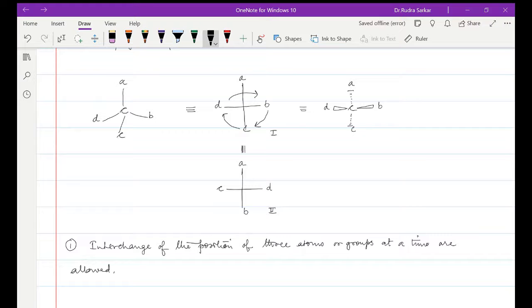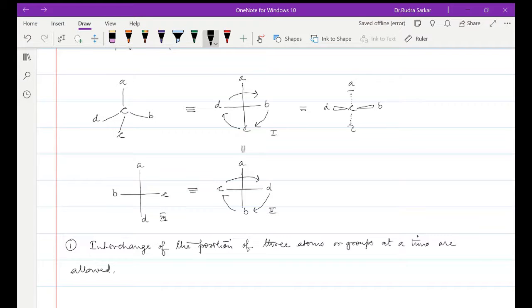If I were to repeat the operation again, so D goes in here, C goes in here, B goes in here, and A remains fixed, then also the molecules 3, 1, and 2 are all identical.